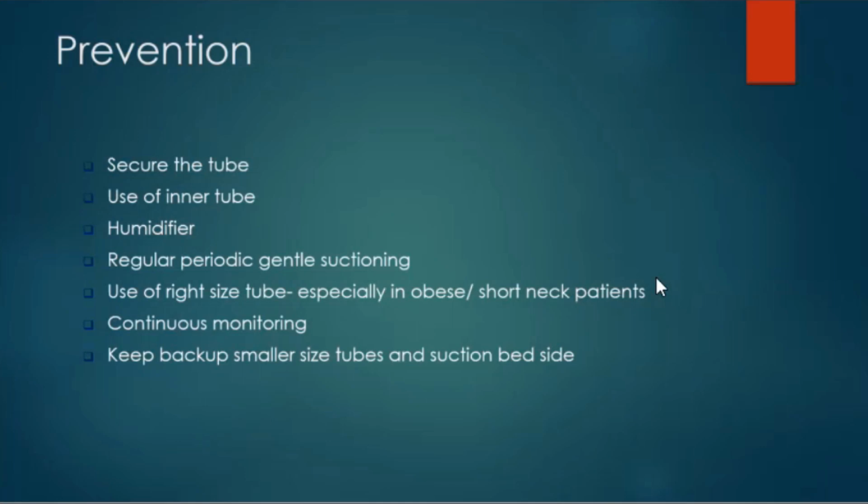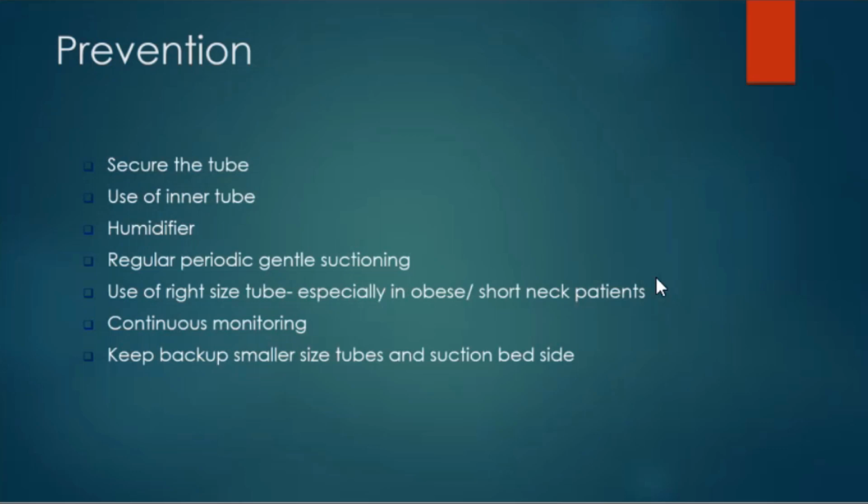And use the right size tube, especially in obese and short neck patients. It's important because in obese or short neck patients, the neck thickness itself can be 2 to 4 centimeters. So if the regular tracheostomy tube is used, it will be just reaching inside the lumen, and any movement or agitation can make it come out of the tracheal lumen, so again decannulation can happen.